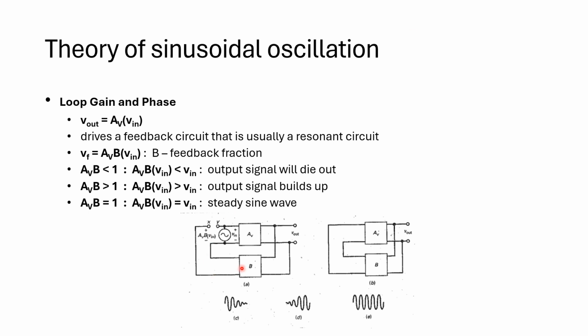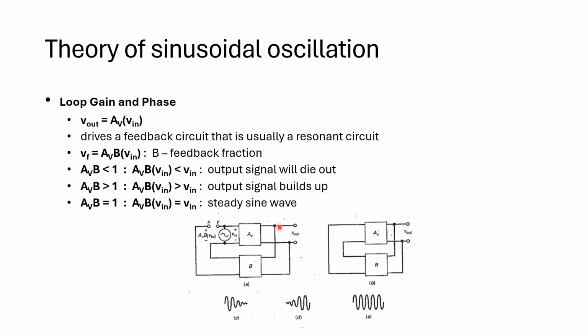As we can see in the first figure, an AC voltage source driving the input terminals of an amplifier gives an amplified output voltage. So what is the amplified output voltage? V out is equivalent to AV multiplied by our V in.